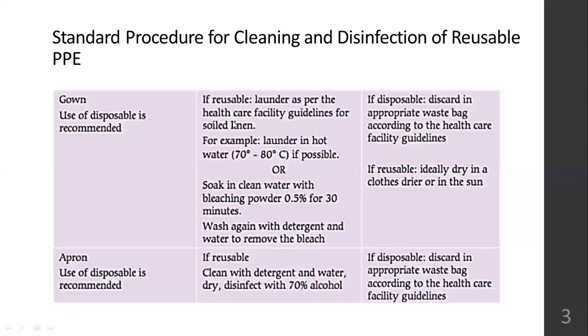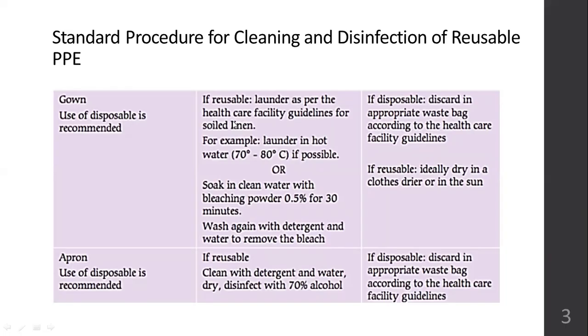Next, if you are using gown, again with gown, it's recommended that you use a disposable one. But if you have the cloth linen gown, which is reusable, you have to send it to laundry within the healthcare facility. And in the laundry department, they know how to reprocess the gowns, which are usually soaked with blood, body fluids, and all.